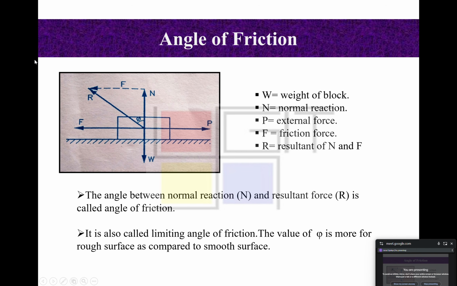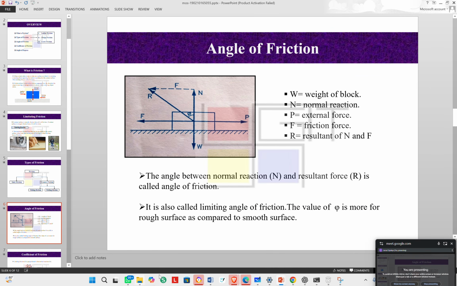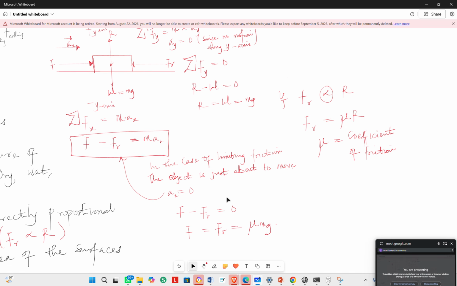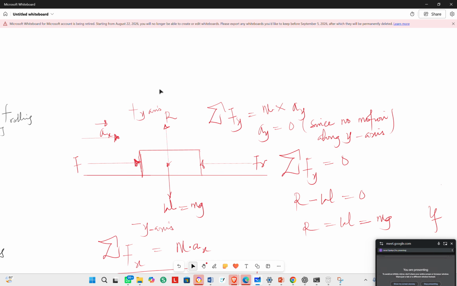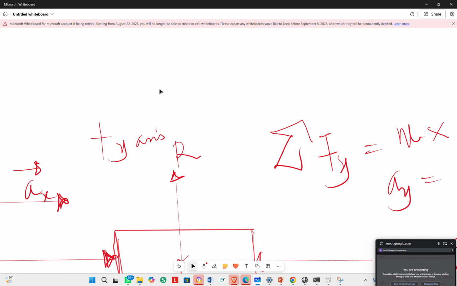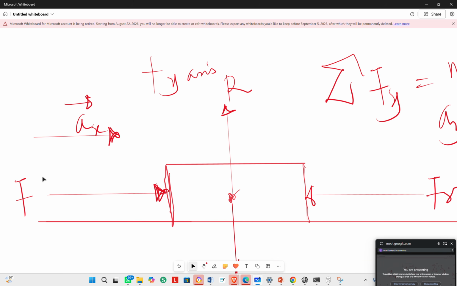Reason being that R is not so different from F and N. So at the end of the day, it will still lead us to what we just did here. That one is just trying to look for the relationship between this capital F and this R, which we do not actually necessarily need.